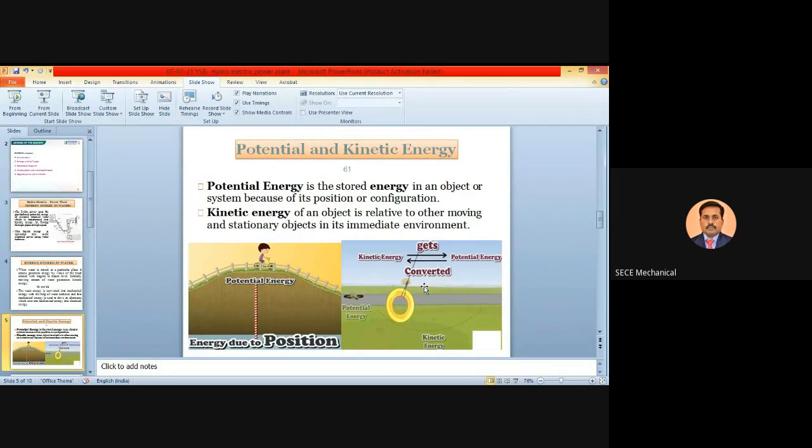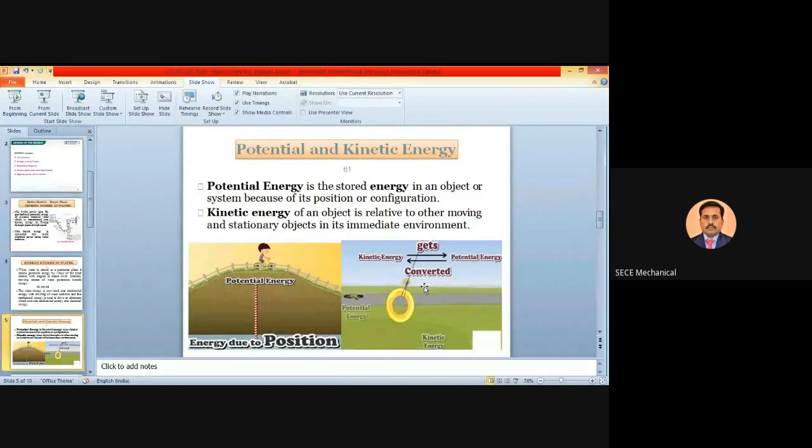Kinetic energy of an object is relative to other moving and stationary objects in its immediate environment. So you know the energy principle: energy can neither be created nor destroyed. Energy can be transformed from one form to another. So by this way, you can convert the water's potential energy into kinetic energy.